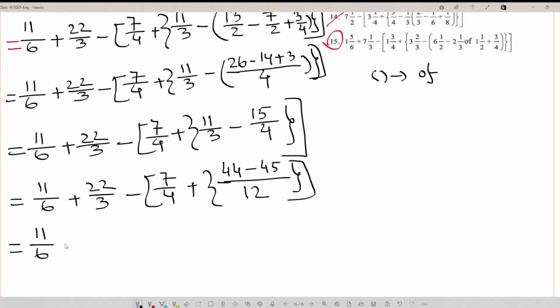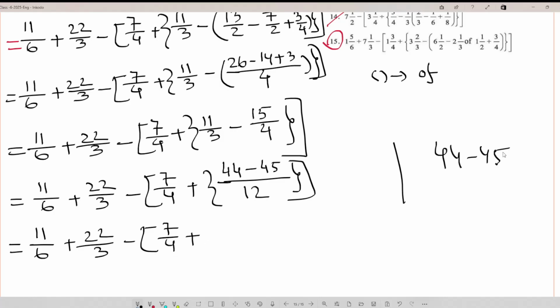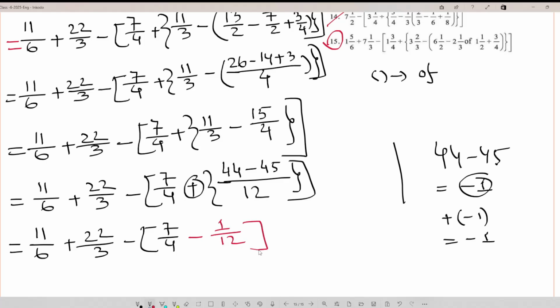So 44 minus 45, it's not possible, therefore as per the algebraic formula it should be minus 1. So this one is minus 1, and on the back side here is a plus and here is a minus 1. You already know about this: plus and minus become minus, so here is 1. It means we cannot use the plus sign, here should be minus, and here is 1 by 12, right?